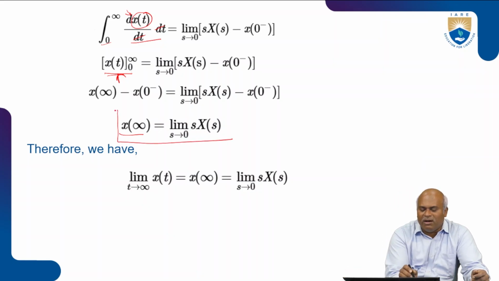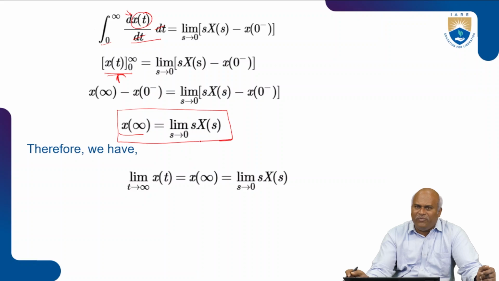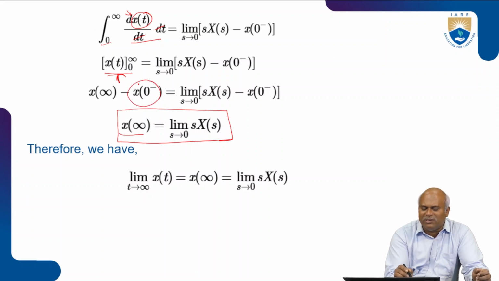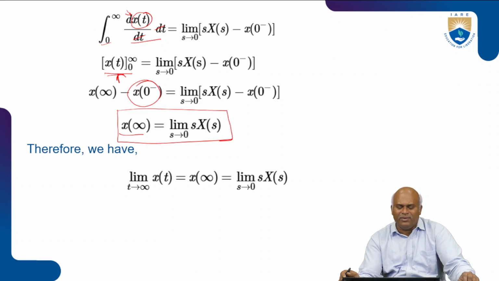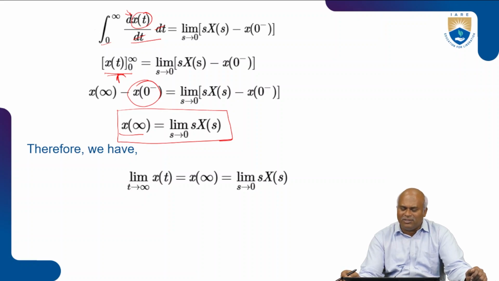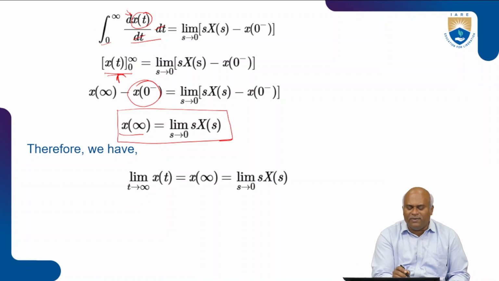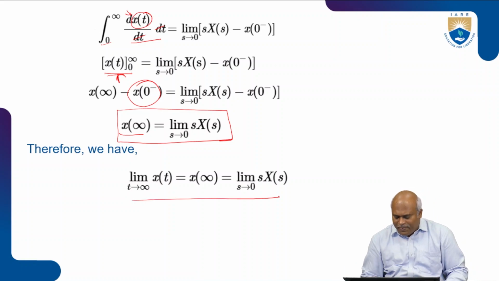Now we got the final value theorem. The initial value is equal to 0. Therefore we have limit t tends to infinity of x(t) equal to x(infinity) equal to limit s tends to infinity of s X(s). This is called the final value theorem of the Laplace transform.